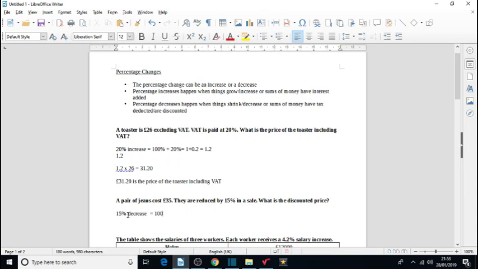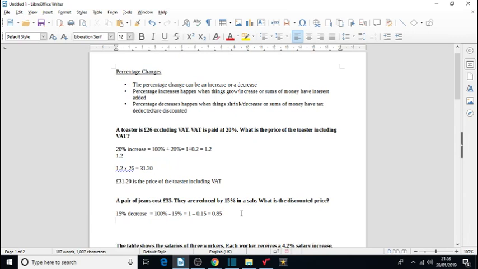So that's the same as writing 100% minus 15%, which is the same as writing 1 minus 0.15, which is 0.85. We're basically trying to work out 85%. So 0.85 is our multiplier.